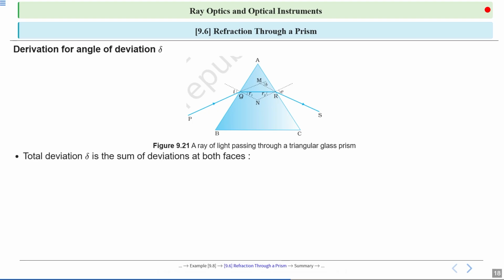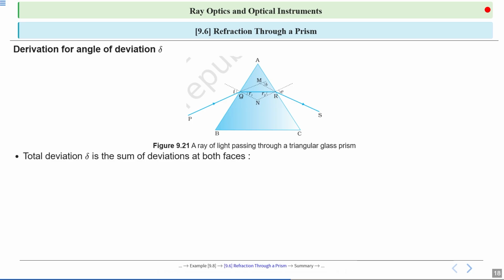Now let's talk about the total deviation denoted by delta. This deviation is the sum of the angles by which the light ray bends at both entry and exit faces of the prism. Understanding this sum is crucial for calculating how much the light path changes. Okay, so light is deviating at two surfaces. Firstly, it is deviating at the AB surface.